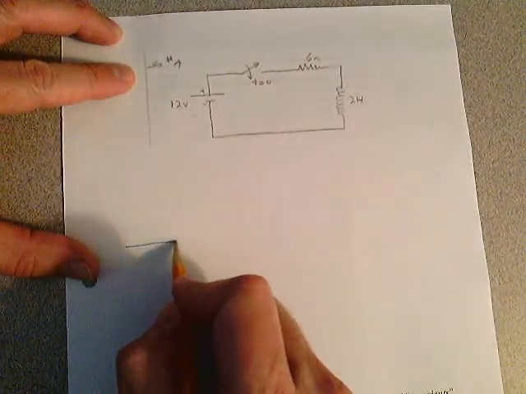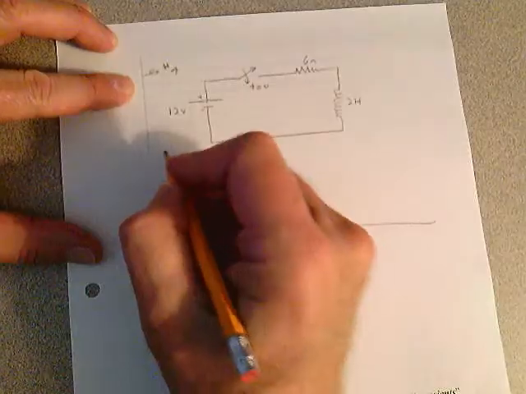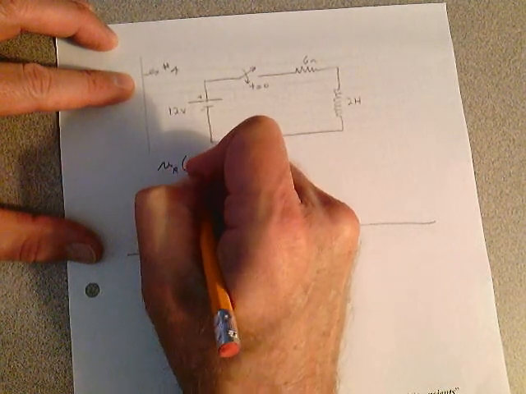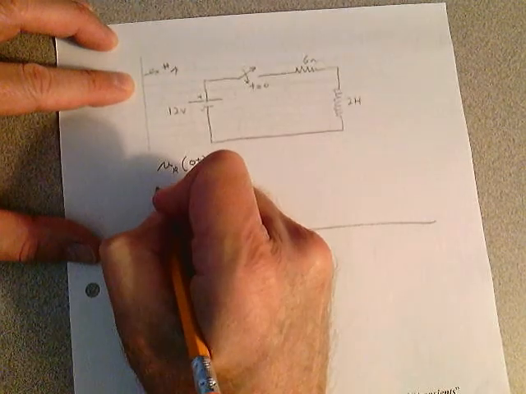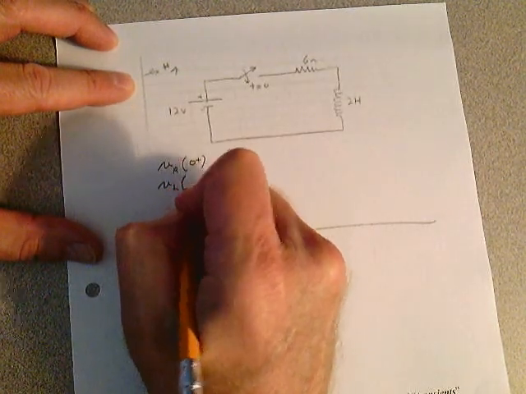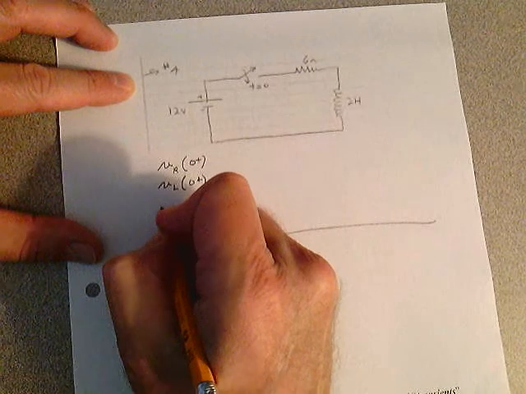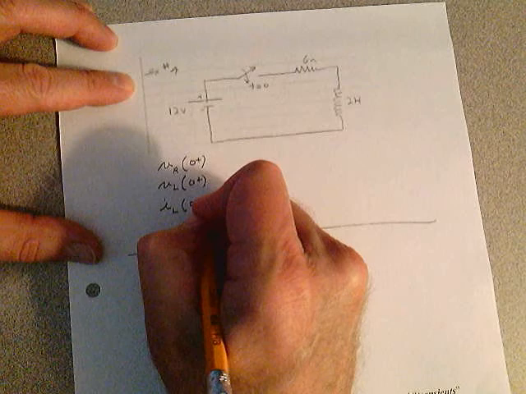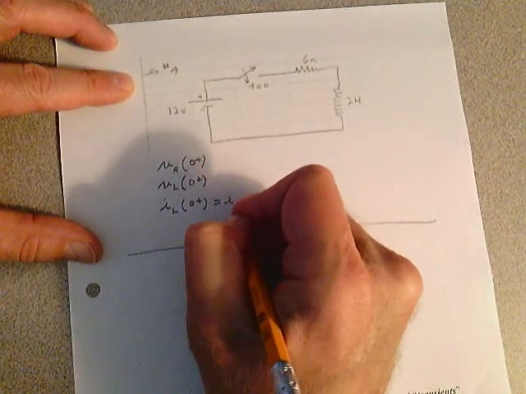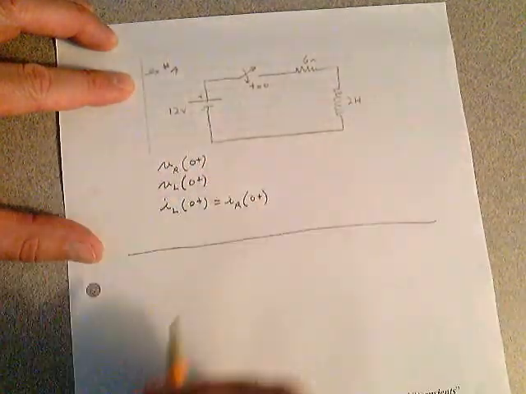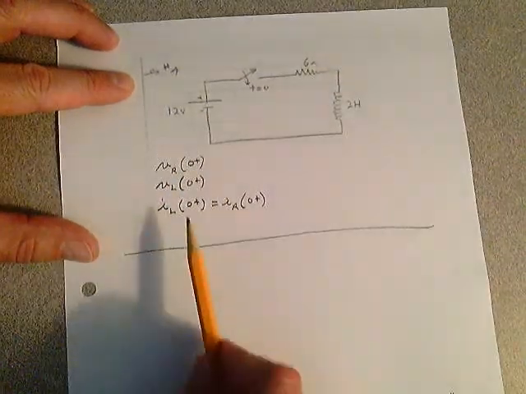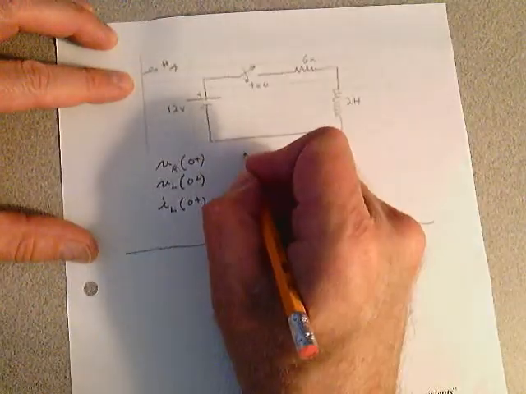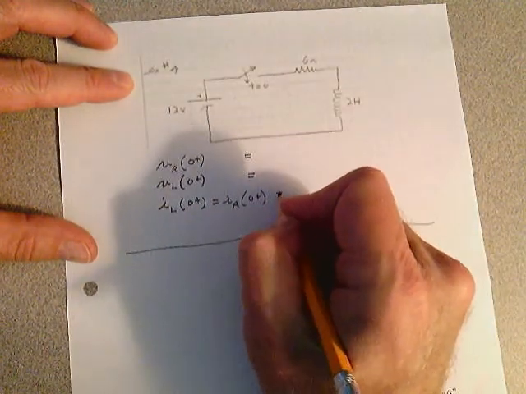You should be able to figure out the transients, which are the voltage across the resistor at 0 plus, the voltage across the inductor at 0 plus, and the current through the inductor at 0 plus, which has to equal the current through the resistor at 0 plus. That's all 4 possibilities, 1, 2, 3, 4. These have to be the same currents because it's a series circuit. You should be able to calculate each one of these in the transient.